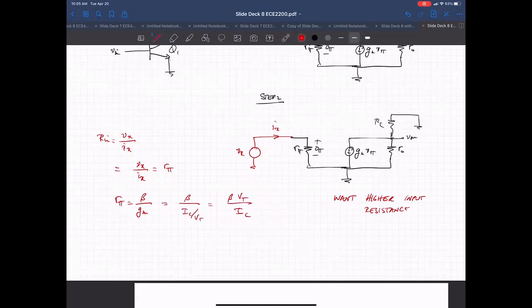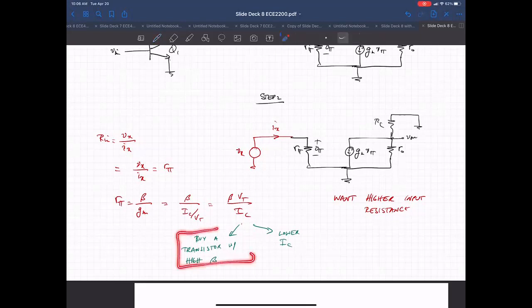You have two choices if you want to increase this: either you buy a transistor with high beta, or you lower your I sub C. Those are your two options.